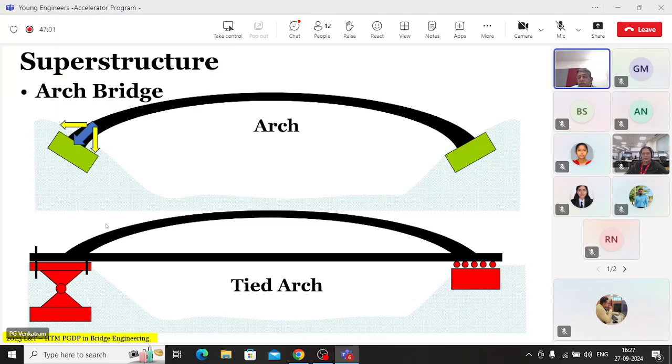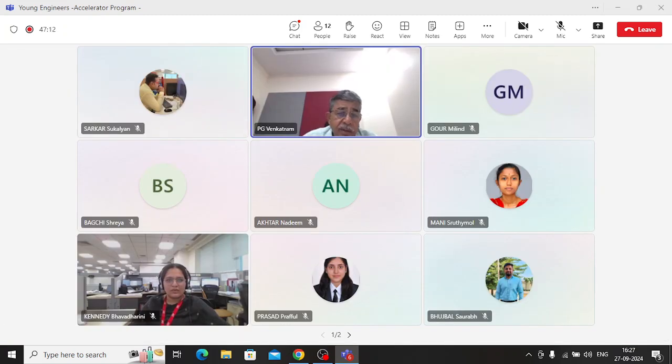Quite often, a lot of examples you can see in steel bowstring girders. I'll show you some other day. I don't think I have a good example of a steel bowstring girder right now.